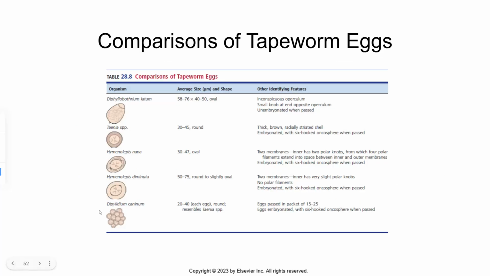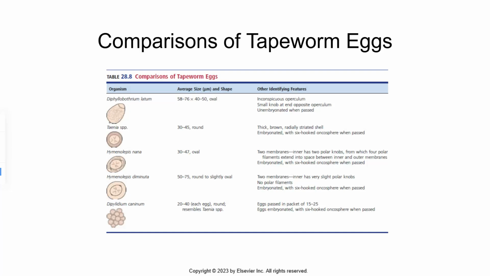So here are the eggs of the important players and their relative size. A lot of these look alike, but it's the size that helps you differentiate them. A lot of times when you see a familiar shape under the microscope, you then go and measure the egg microscopically, and then compare it to a reference manual.